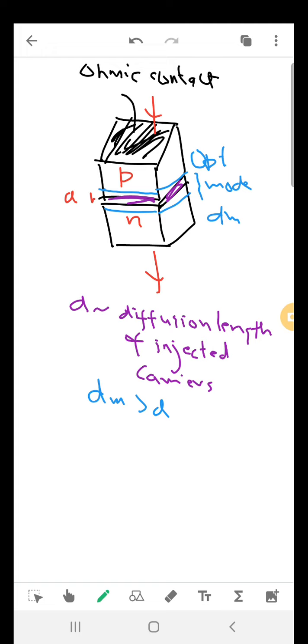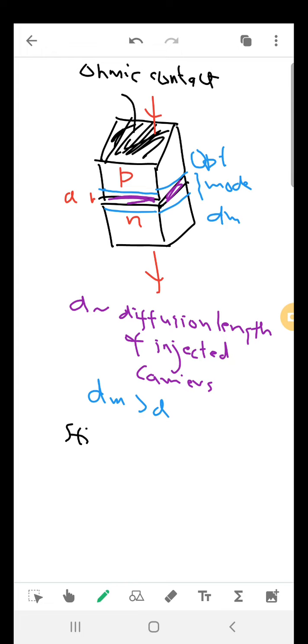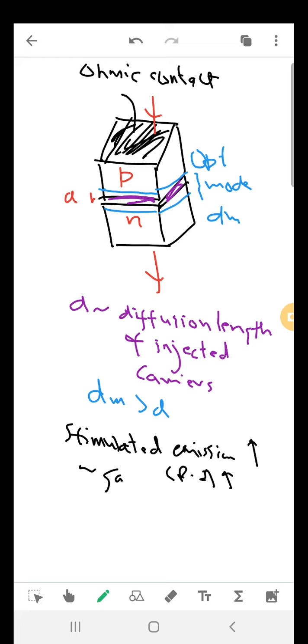So the stimulated emission is increasing. Also the population inversion, that means more atoms at the higher state than the lower state, is increasing, and this is in fact causing the gain. The gain is being increased in the active region.